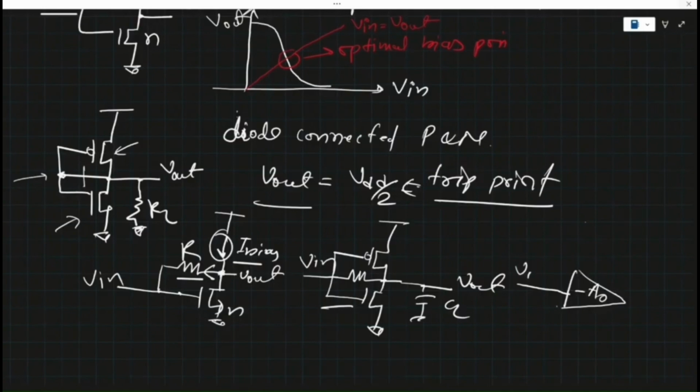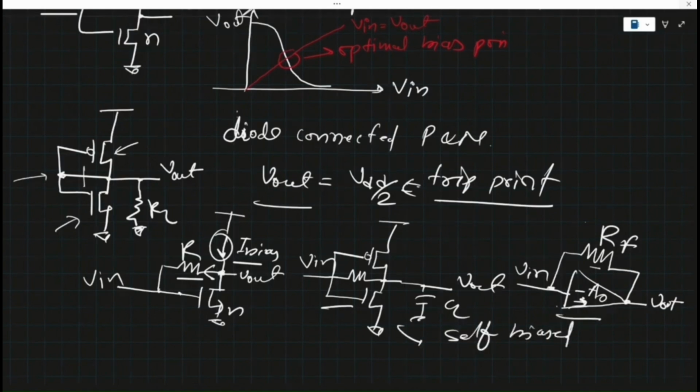This is V input, this is V output, and we have a resistance connected between input and output like this, right? This is one more way to understand that it's feedback with a resistance RF. This circuit is called self-biased. Let's say there is no input, and we are just taking the output. Then it is called the self-biased resistive feedback inverter.